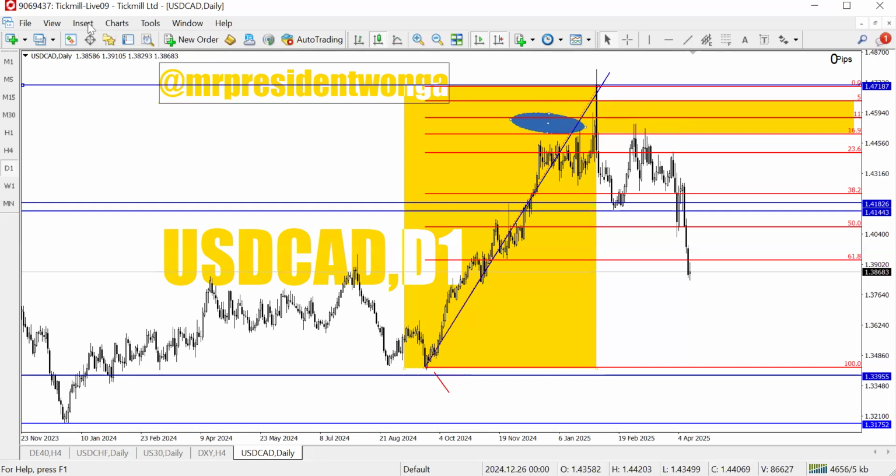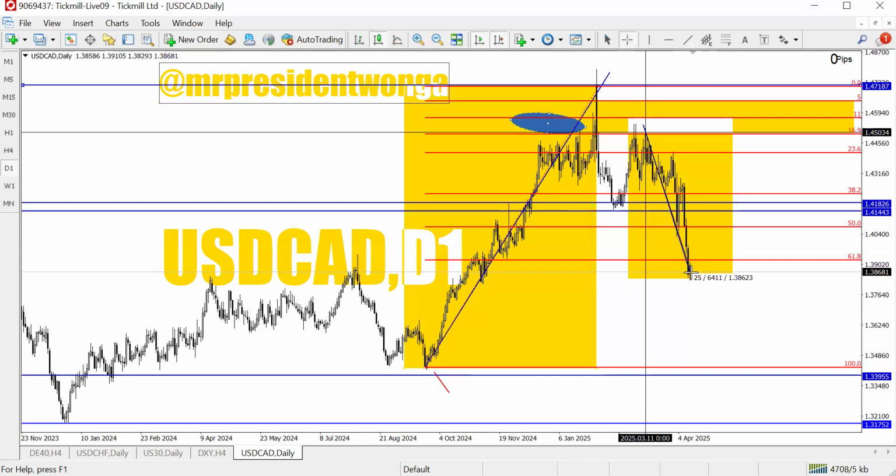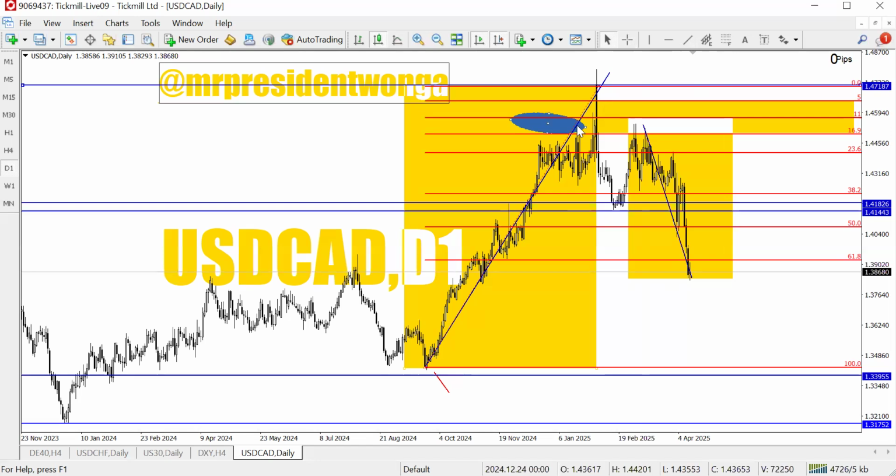If you entered your sell and you were holding it up until that level, from there to there, let's just check how many pips. From there to there, it's over 640 pips. That's a lot of pips, and you're holding your sell based on the Fibonacci retracement. Okay. Is there a question?